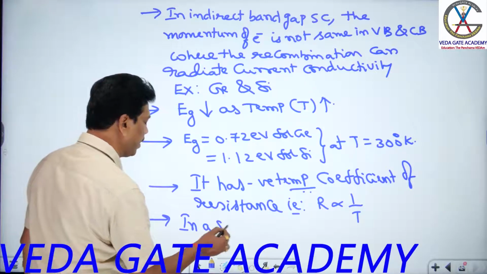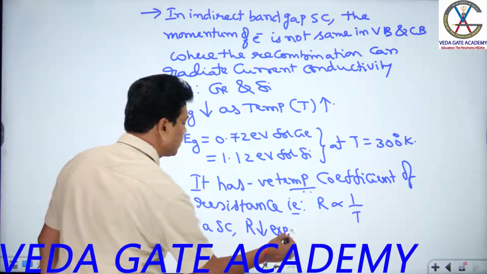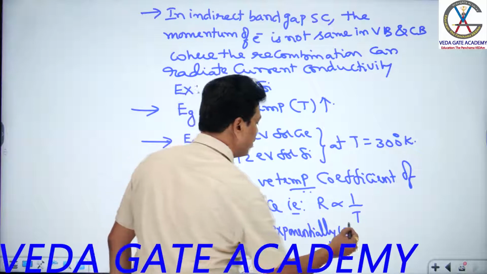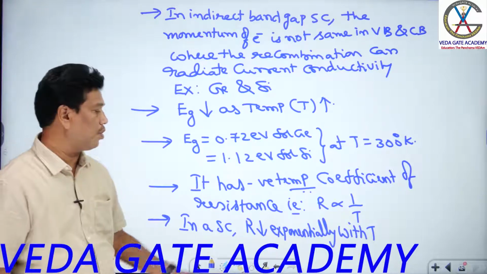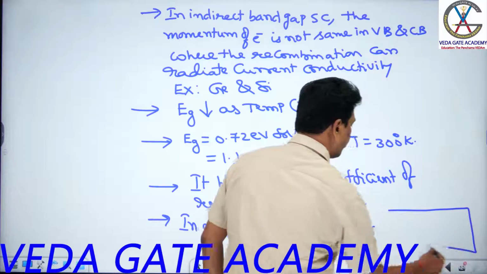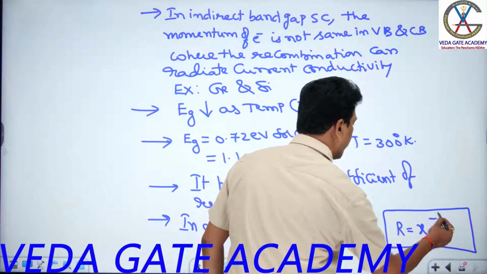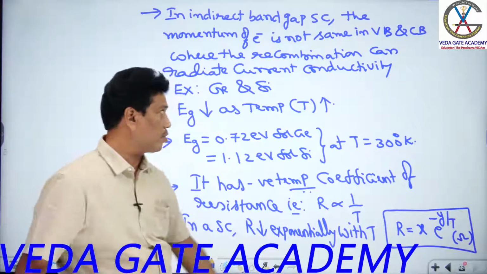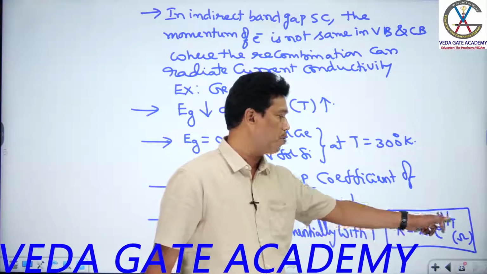In a semiconductor, resistance decreases exponentially with temperature, students. Mathematically, you can write R equal to x into e power minus y by T ohms, where x and y are constants.